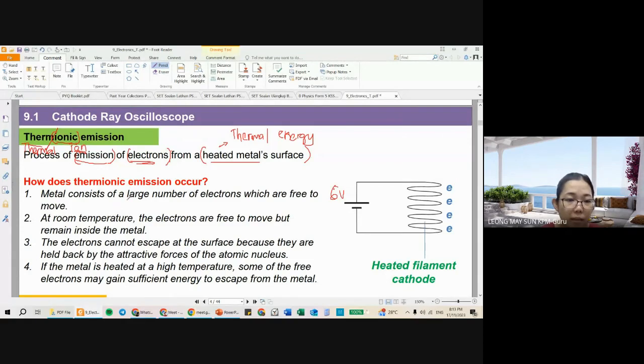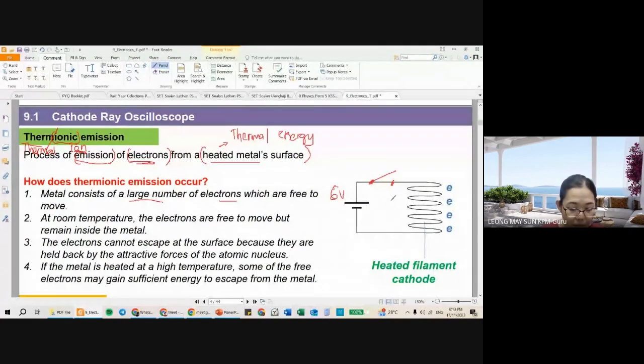So how does thermionic emission occur? A metal consists of a large number of electrons which are free to move around. At room temperature, the electrons are free to move but they still remain in the metal. Even in an open circuit, the electrons are able to move in the metal, but they cannot escape from it.